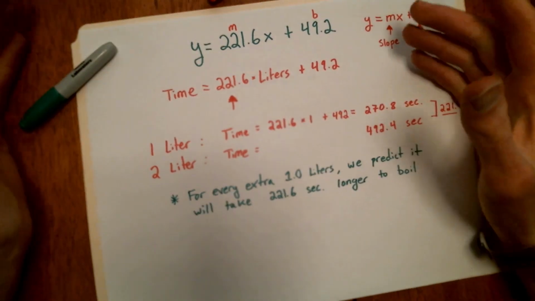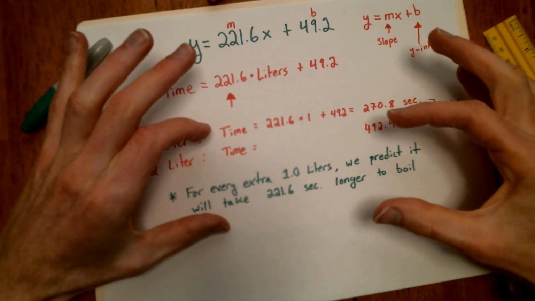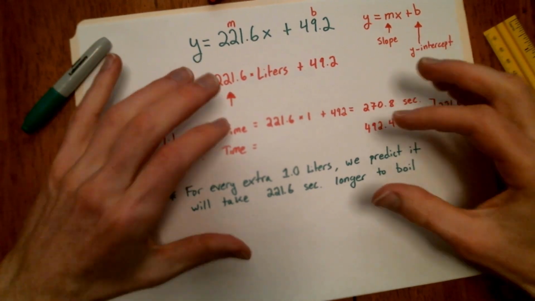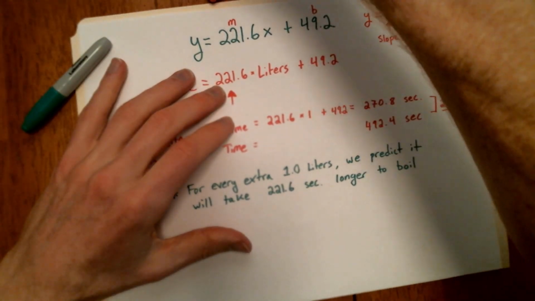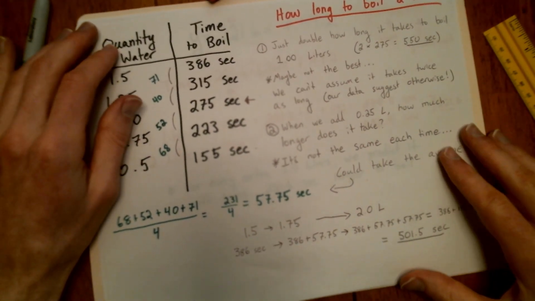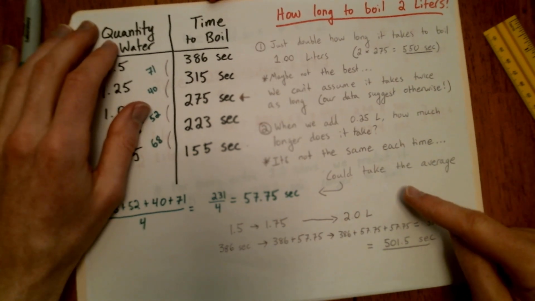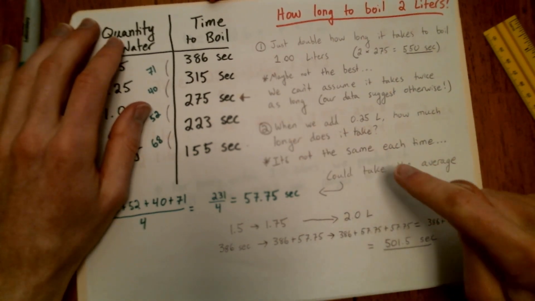Now here's what's kind of cool. This thinking, what we've just outlined right here, is very much like what we were doing earlier. I'm going to have us recall how we were thinking through this situation before, in strategy number 2.